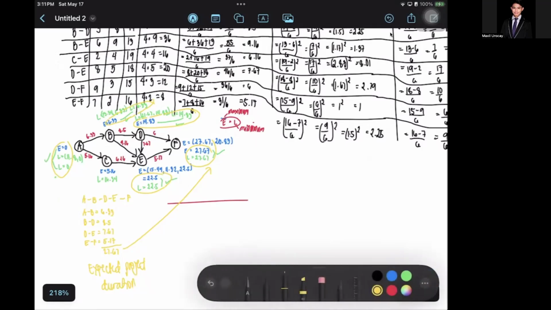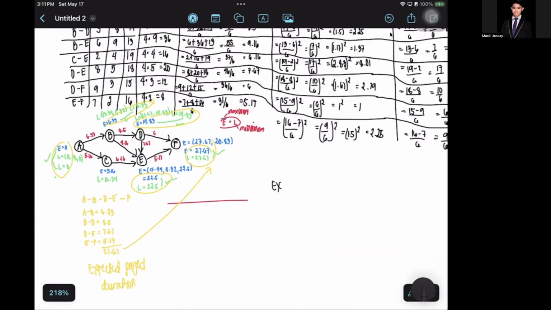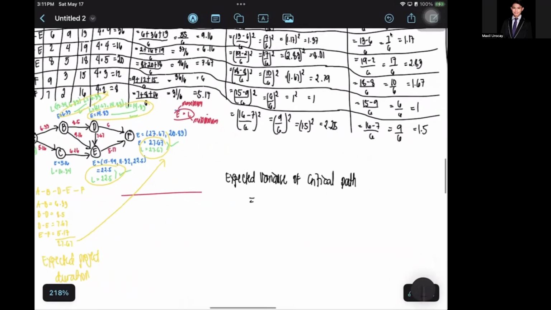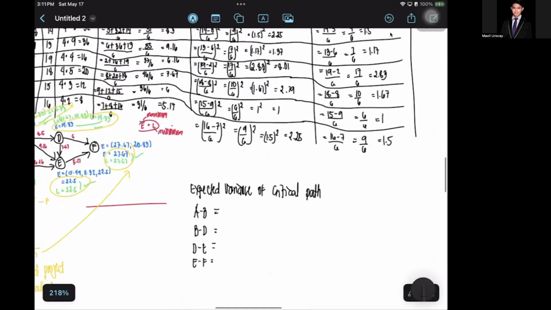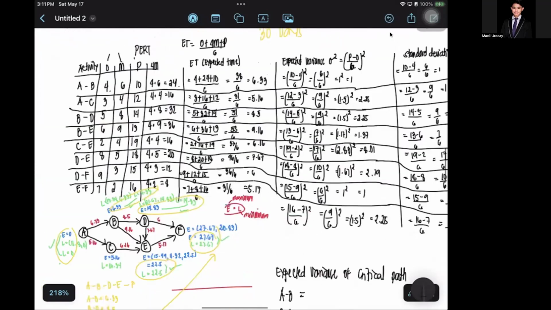Now we will also calculate the expected variance of our critical path. Calculating the expected variance of our critical path means calculating the variance of each activity. What is the variance of A to B? B to D? D to E? And E to F? The variance we have here: A to B is 1.